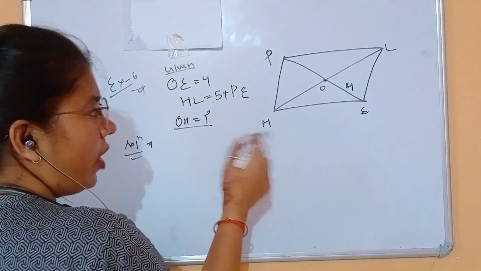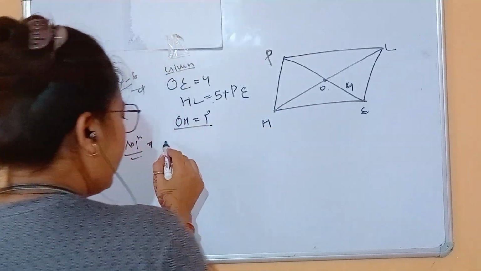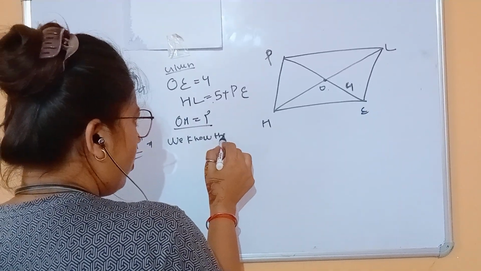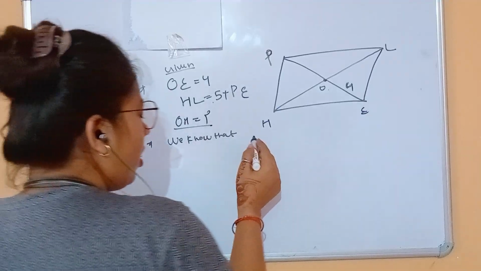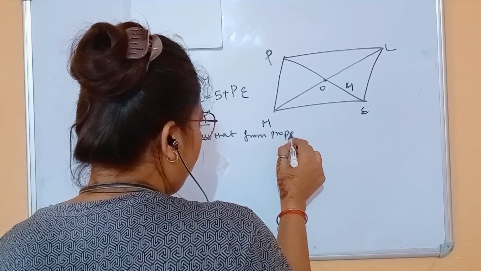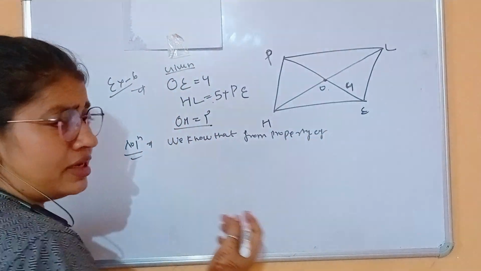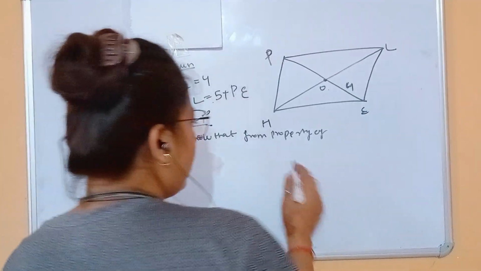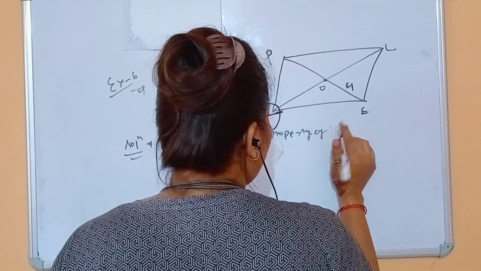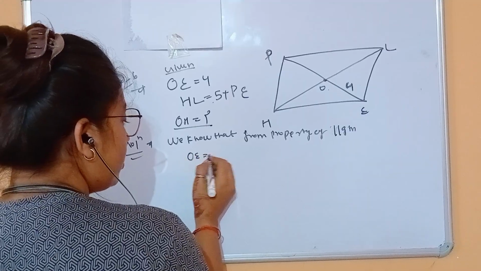We know that from the previous property OE is equal to OP. So you can write we know that from the property of parallelogram, OE is equal to OP.